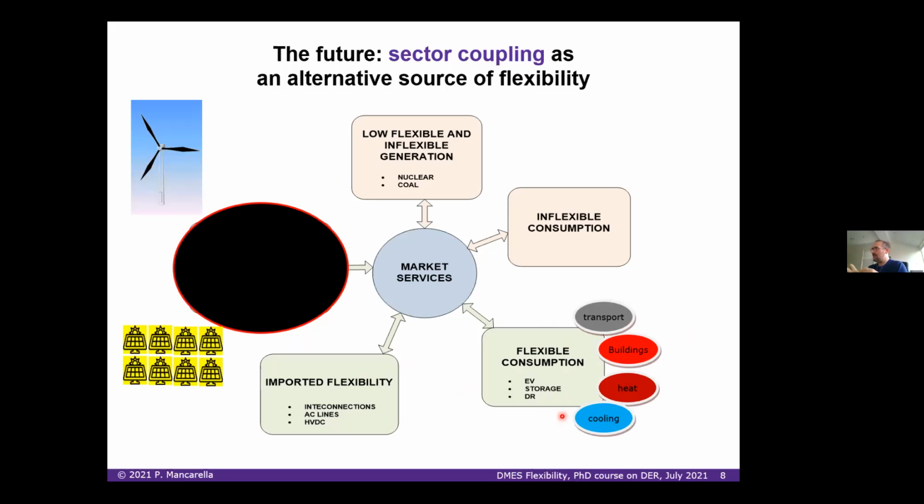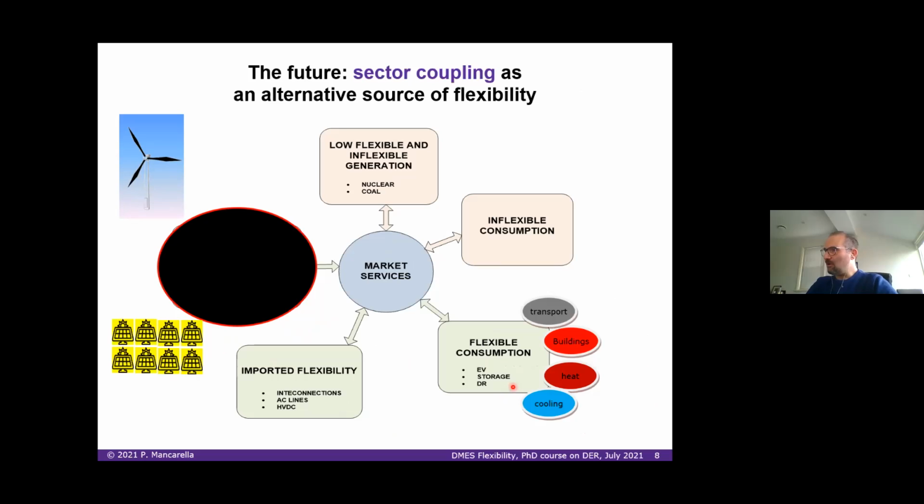And for us, in techno-economic terms, it has become a multi-energy system, the way we want to model and optimize the system. So how do we interface with transport, with buildings, with heat, with cooling, with hydrogen in the future, and all that?